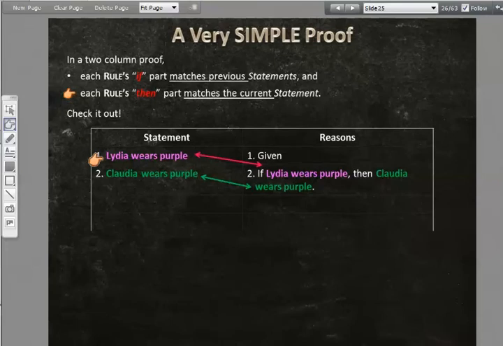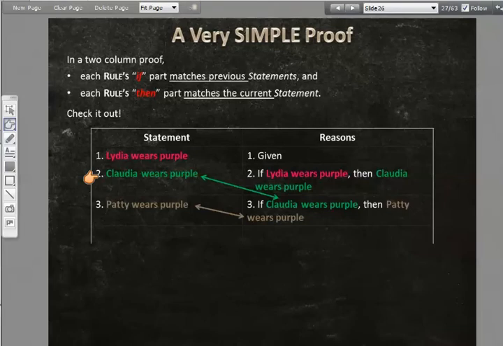For the first statement, Lydia wears purple, when I'm given my reason, notice how if Lydia wears purple matches my previous statement, and Claudia wears purple matches my current statement. That ought to make this a little bit easier for you to do. So watch this next one.